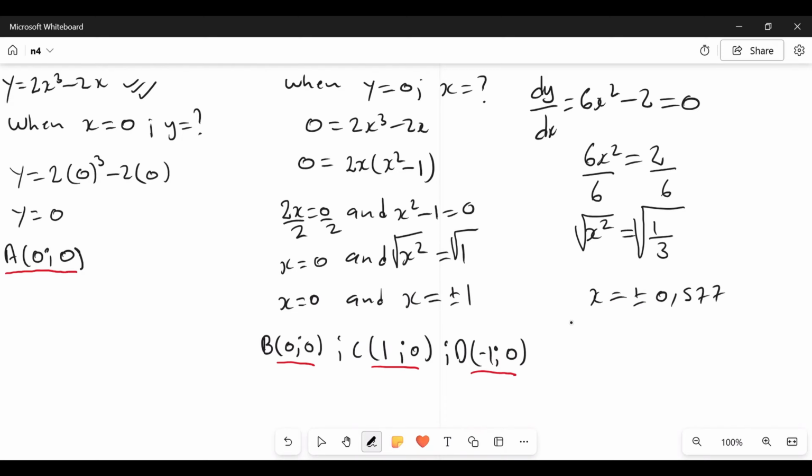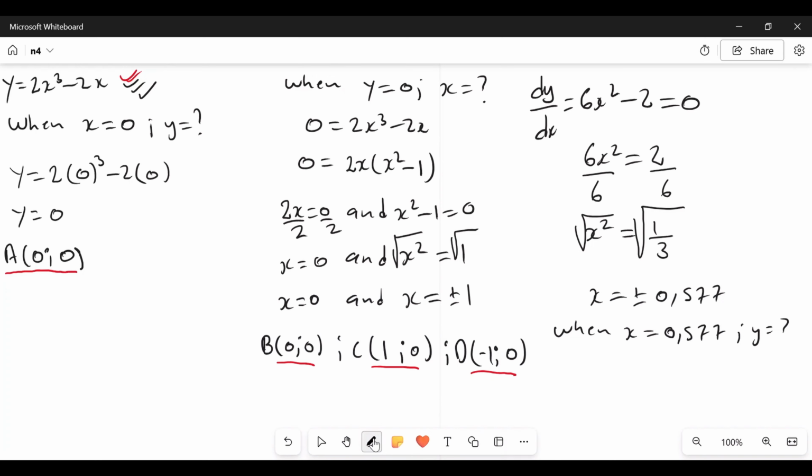We need to find the y values. So we have to say when x is equaling to, remember we have plus or minus here, let's say it's equaling to positive 0,577. What is our y? We're going to substitute the x value here into the original equation.